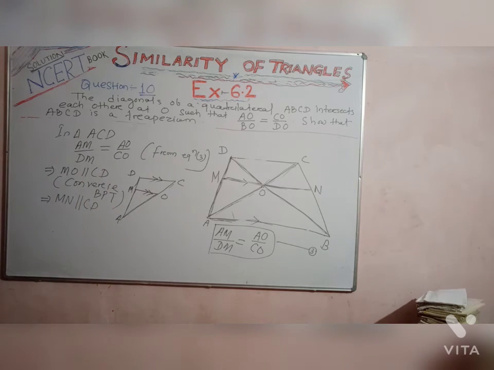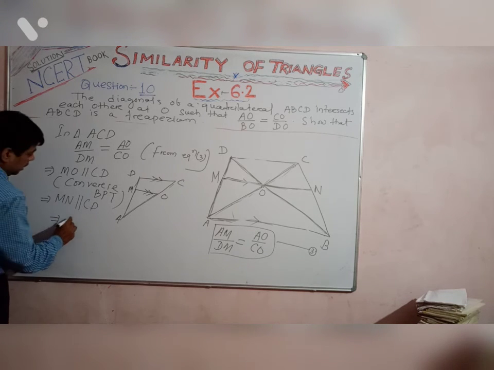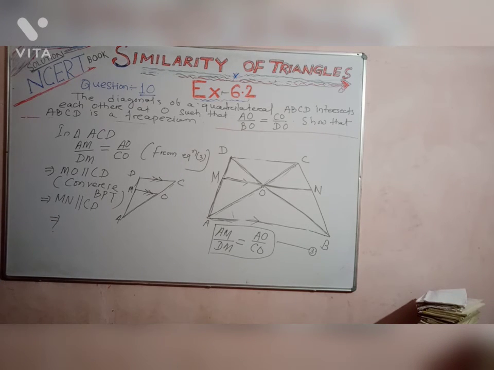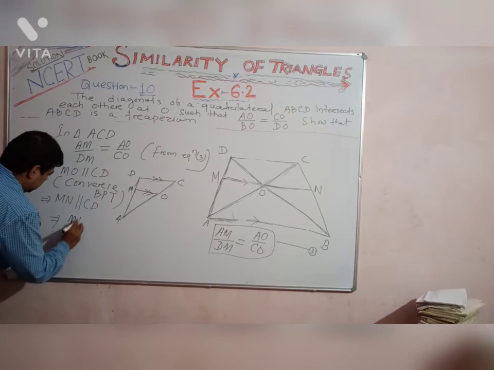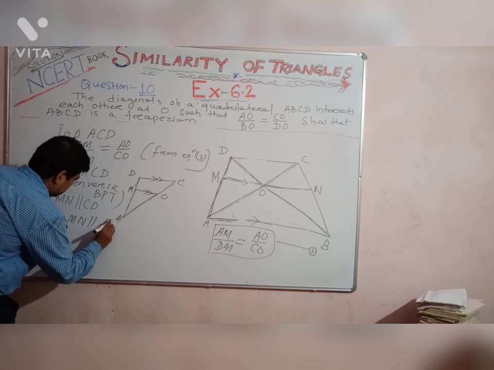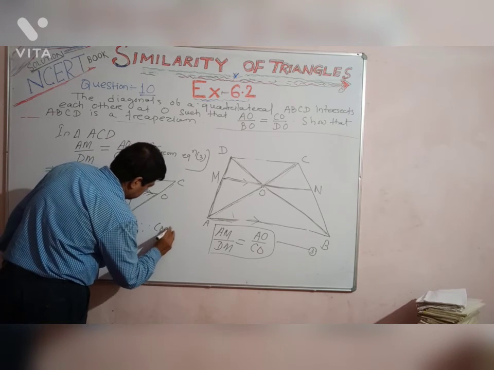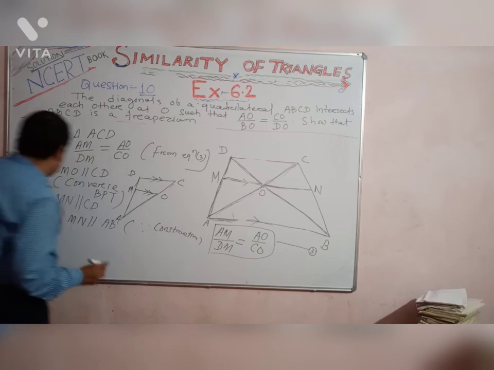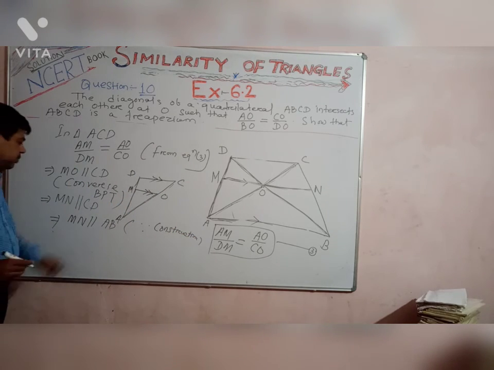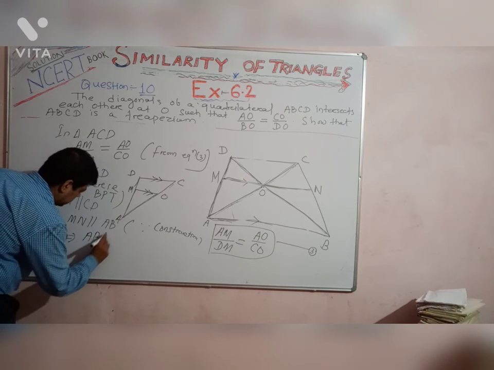And again MN is parallel to AB, as per the construction. Since the construction we have already done, and since MN is parallel to CD and MN is parallel to AB, hence AB is parallel to CD.